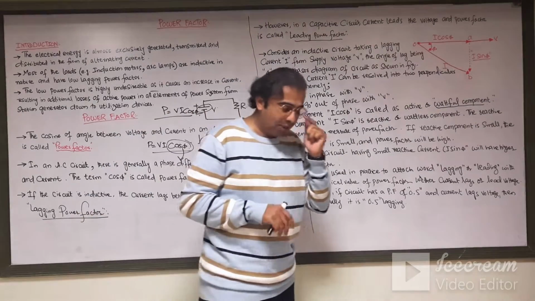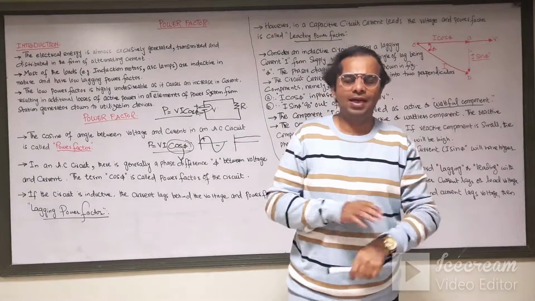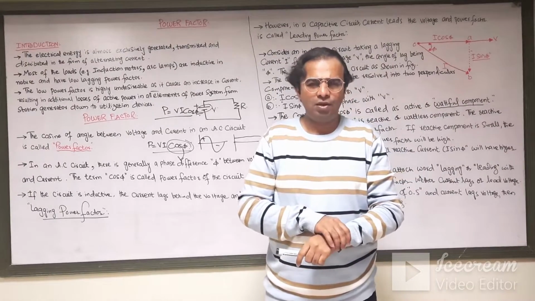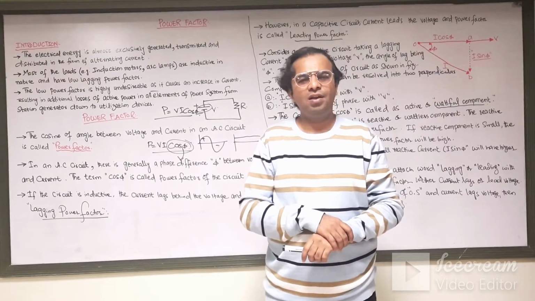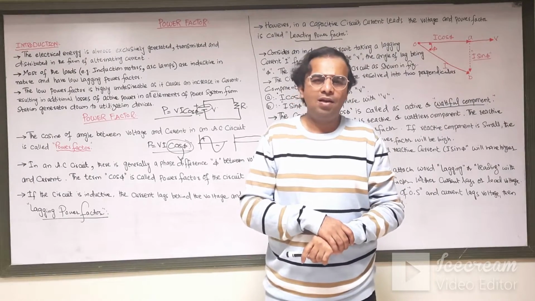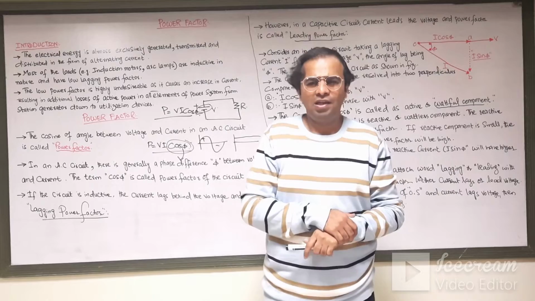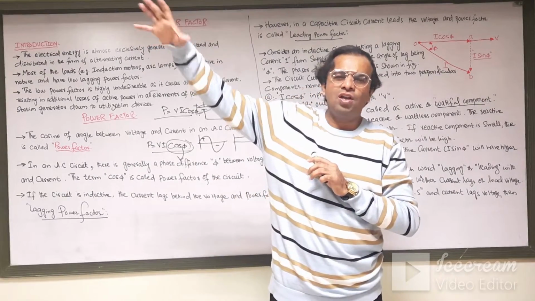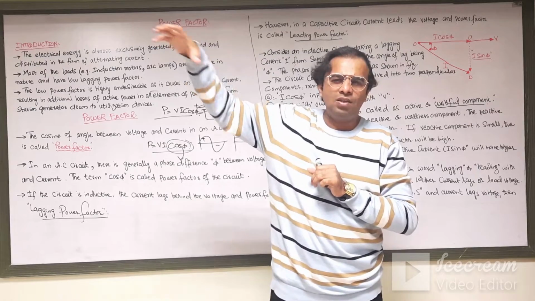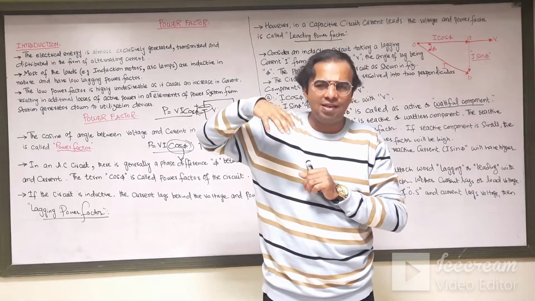So if our system has low lagging power factor, normally we connect the power factor correcting equipment in parallel at the point of common coupling with the power system, for the load which draws the lagging power factor from the main supply.